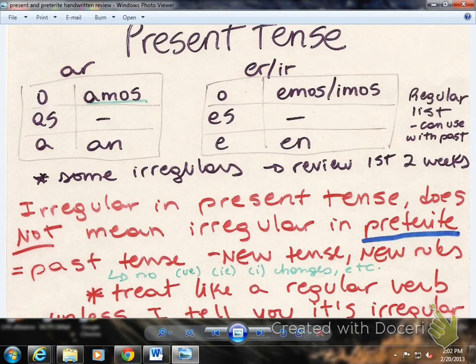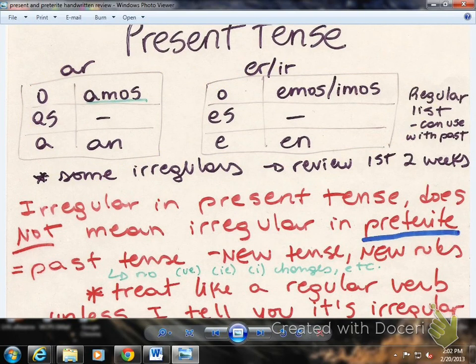What about some of our irregulars? Anybody remember the ones that we did in our first two weeks as review? Present tense irregulars, any come to mind? Poner is irregular in just a yo form.